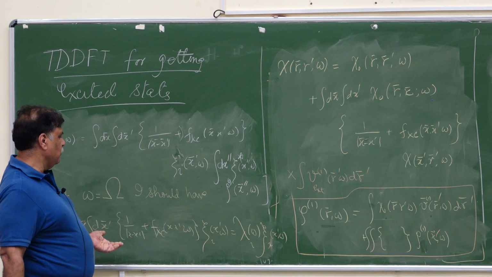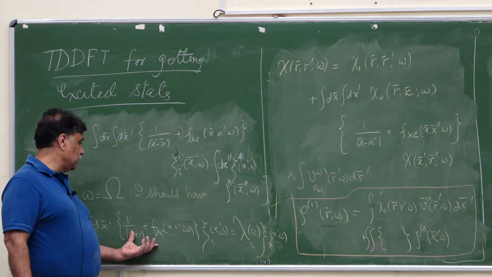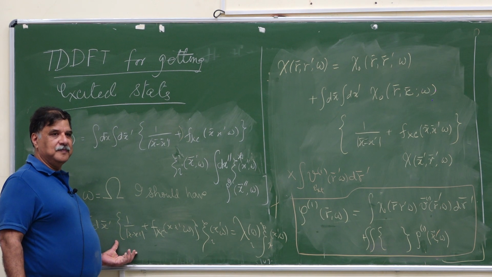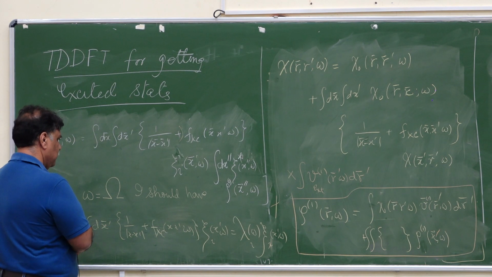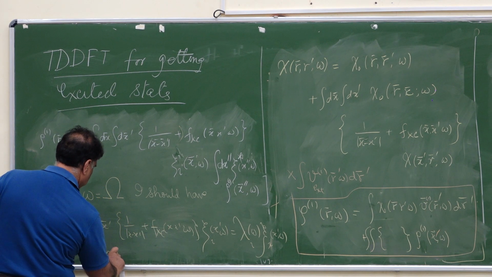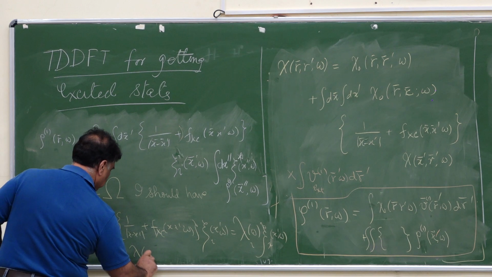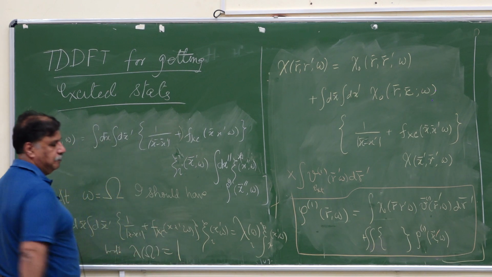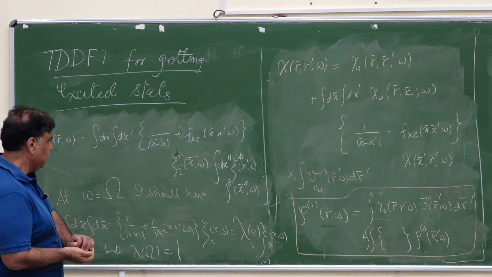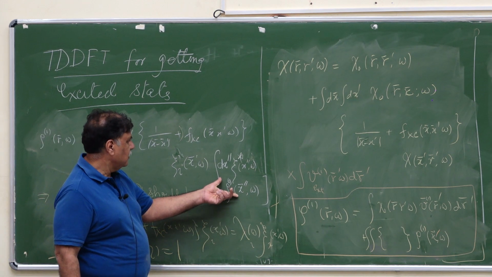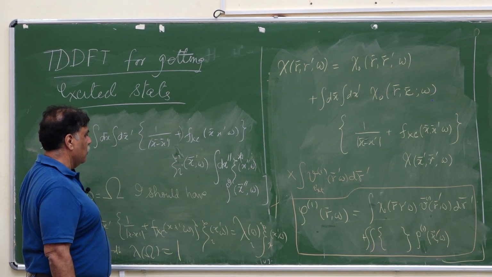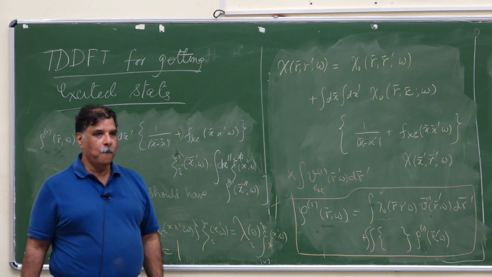Let me write this as an eigenvalue equation. You are asking what is zeta? Zeta are the eigenfunctions for this. And I should have this with lambda capital omega equals 1. If lambda capital omega equals 1, I get that rho 1 r omega equals rho 1 r omega.